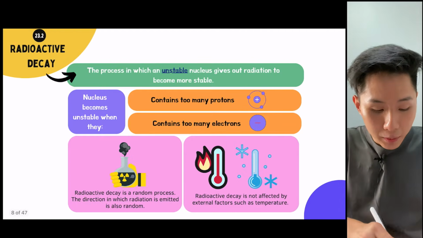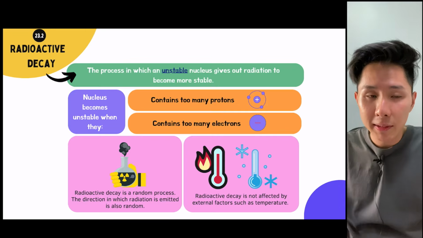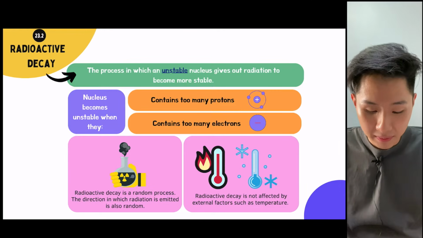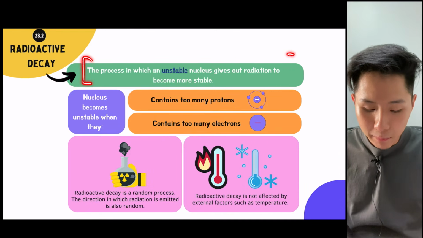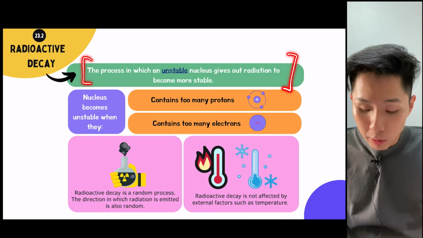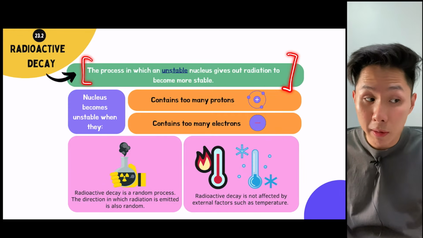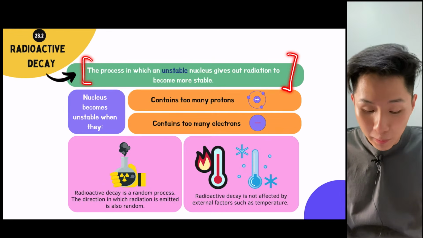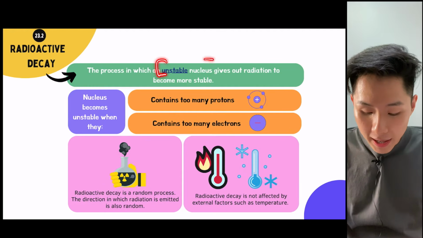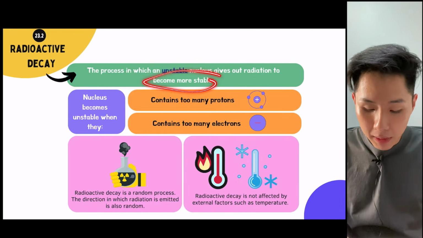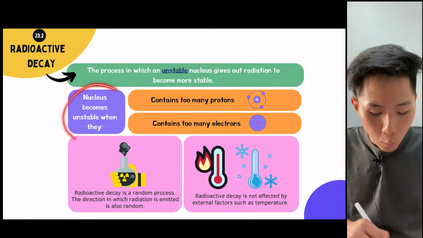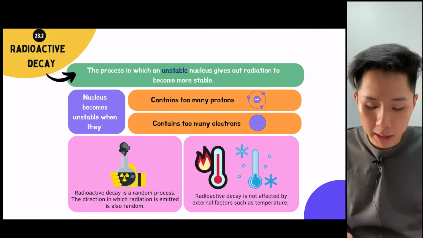So let's look into the process of radioactive decay. It is when radiation comes out of them. It is the process when an unstable nucleus, remember, nuclear physics is about the study of the nucleus, gives out radiation, it will then become more stable. And why will it become unstable in the first place?